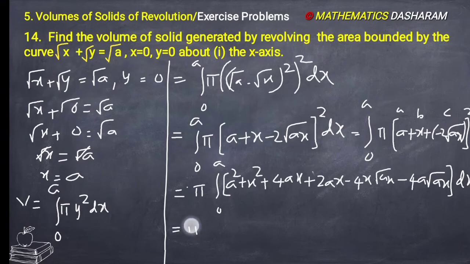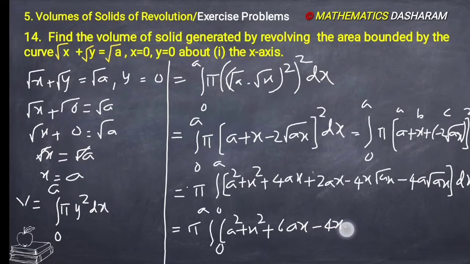So it is equal to pi integration 0 to a of a square plus x square plus 4ax plus 2ax, 6ax, minus 4x into under root ax minus 4a into under root ax, whole dx.